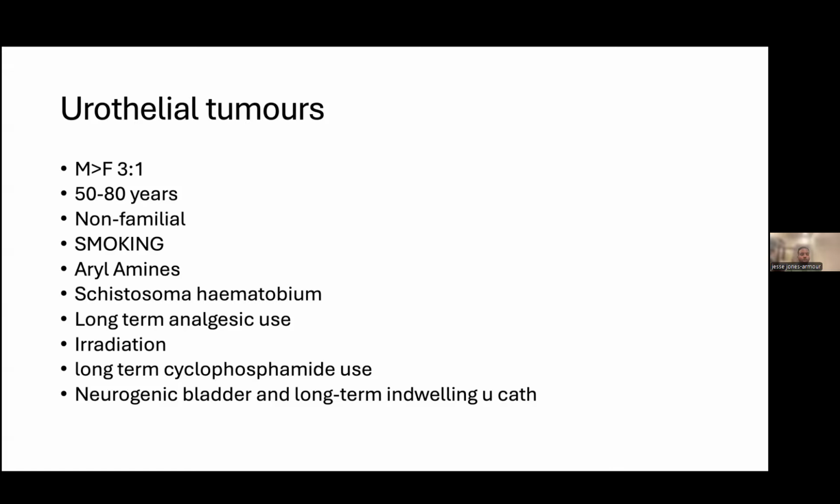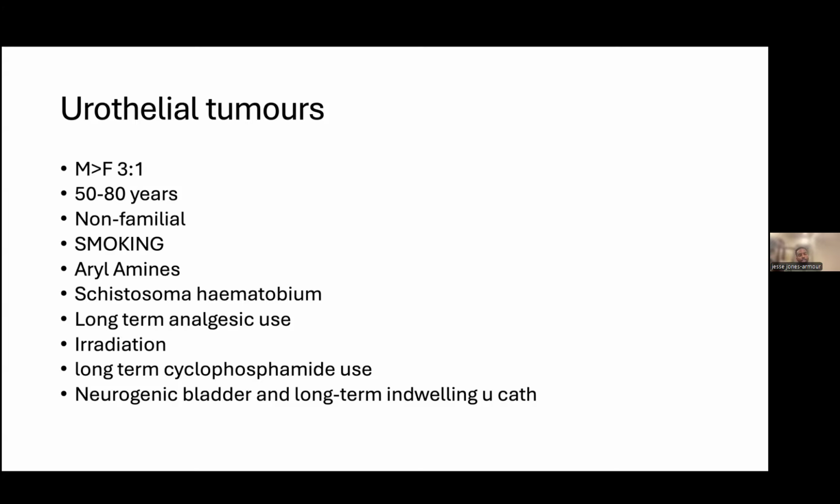You could also have urothelial tumors with long-term analgesic use, or irradiation if you've had previous pelvic radiation, such as for a gynecological malignancy where you had brachytherapy or external beam radiotherapy, or with prostate cancer, where you may have radiation-related bladder cancer years down the line.